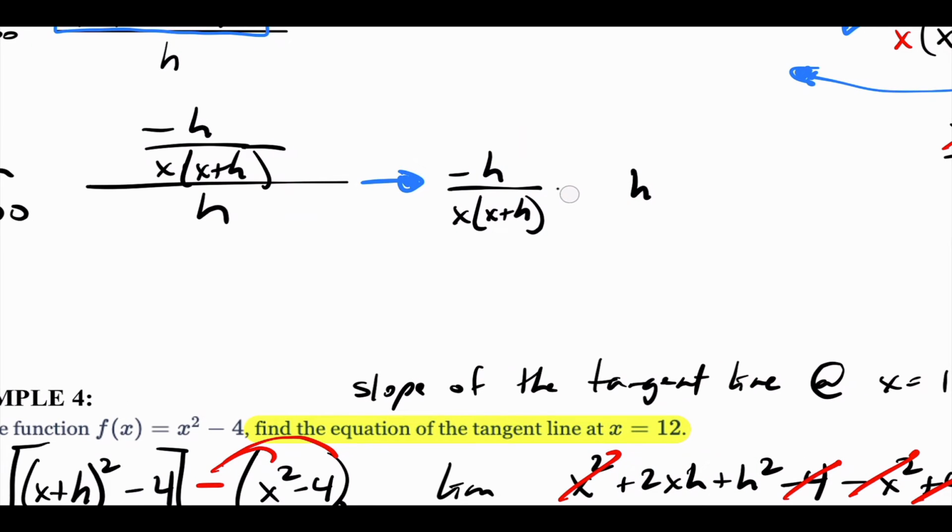So instead of division, we get multiplication, and the reciprocal of h is 1 over h. These cancel out. So now I get negative 1 over x plus h.